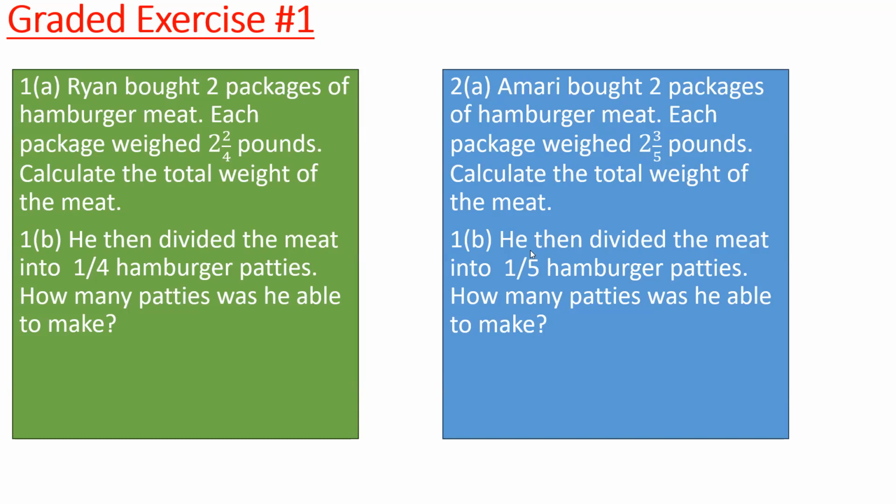Mr. Petit. Yes, Reagan. I don't know if I may be wrong, but for number one, it'll be 2/1 times 10/4. Mm-hmm. And then I got 20 over 4 when you multiply them. Yes, sir.